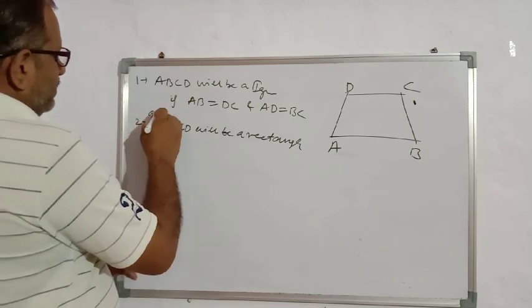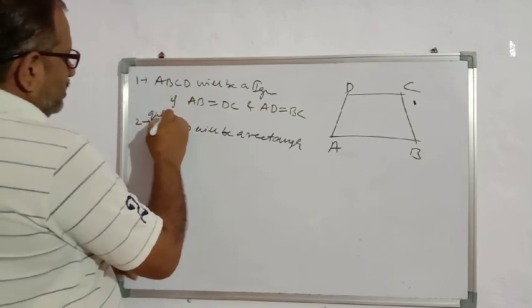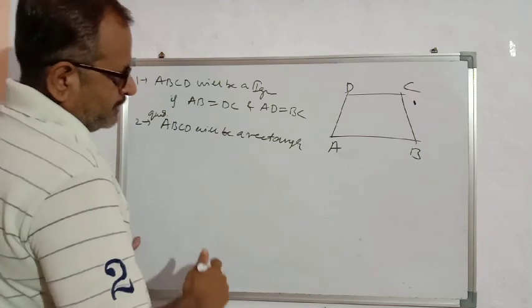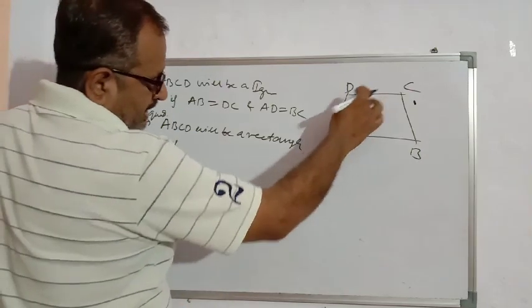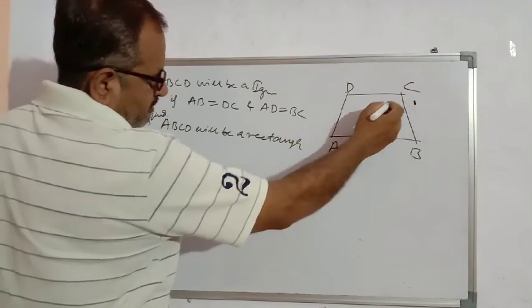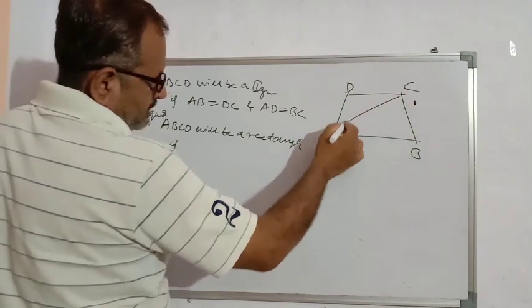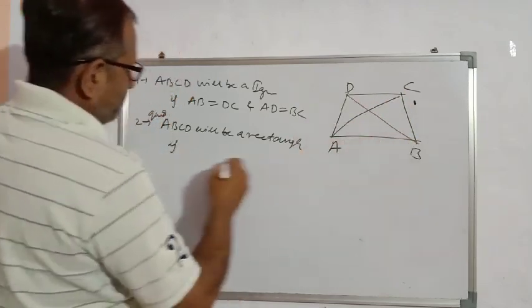Quadrilateral ABCD will be a rectangle if opposite sides are equal and diagonals are equal. These are the diagonals AC and BD.